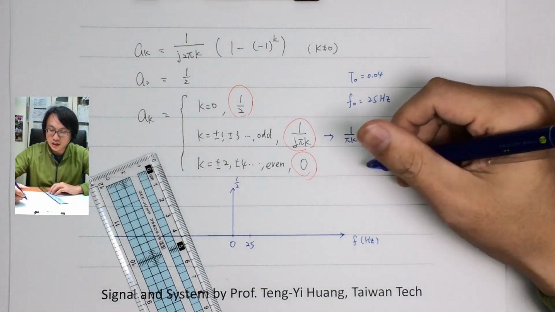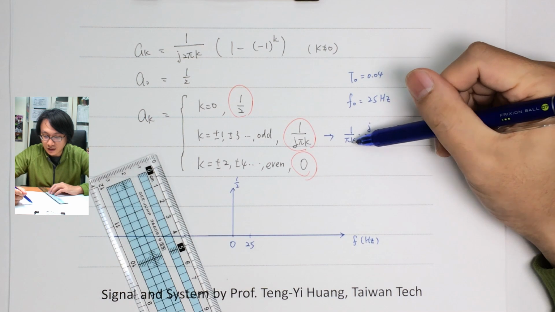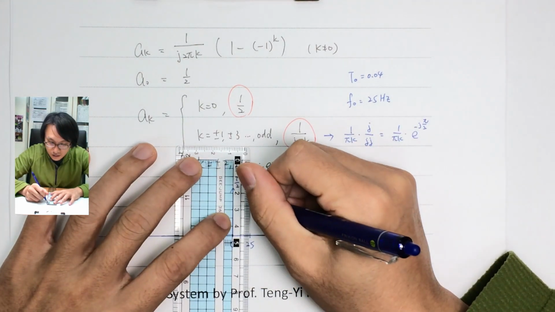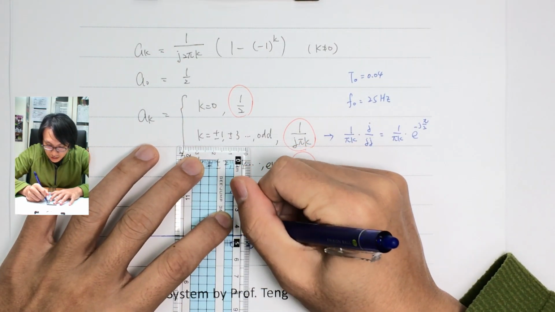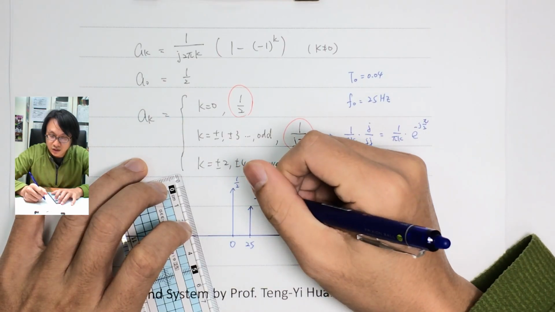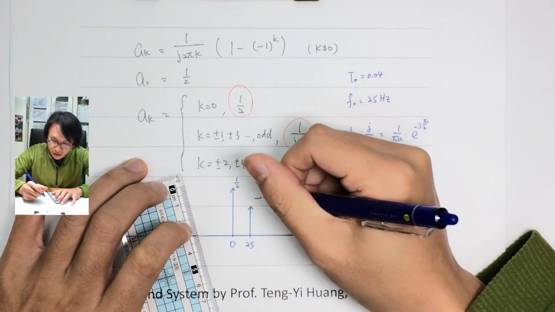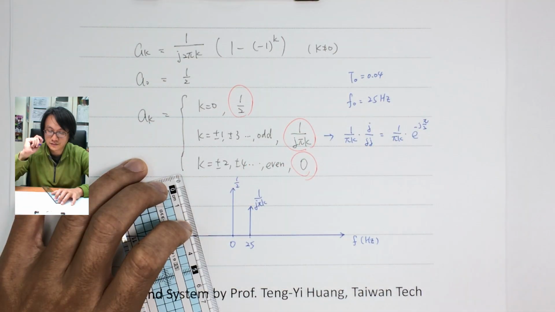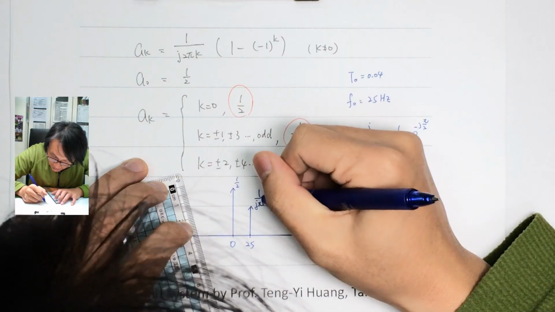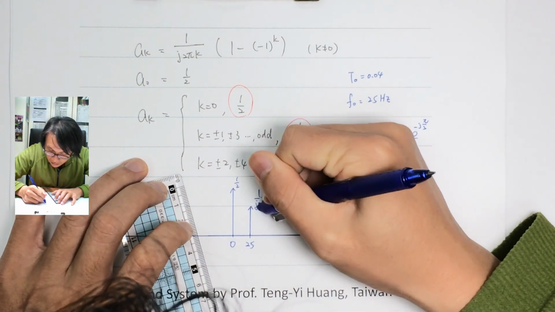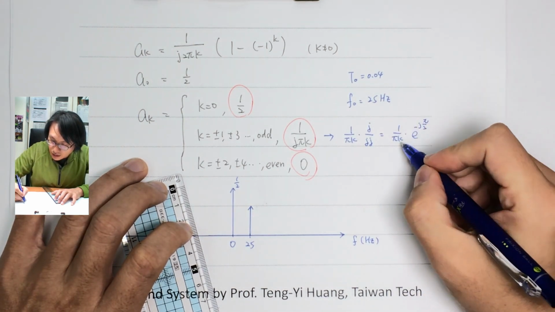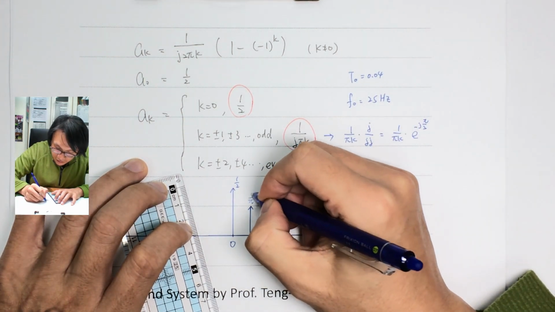So when k equals 1, the magnitude is 1 over pi, and pi is about 3, so it's about 1/3. Roughly, we can sketch it like this. It's easier to write it as 1 over j pi k. No, wait, there's no k anymore, since k equals 1. Let's write k equals 1.